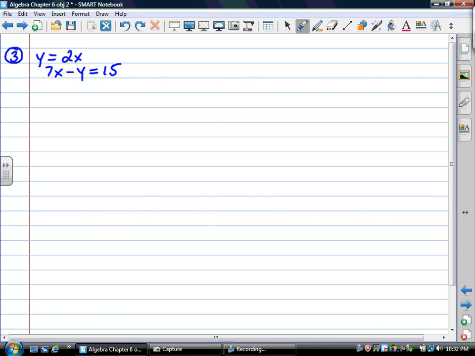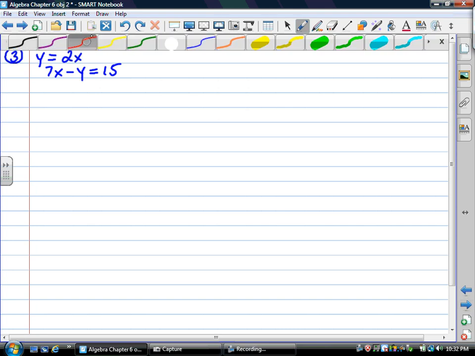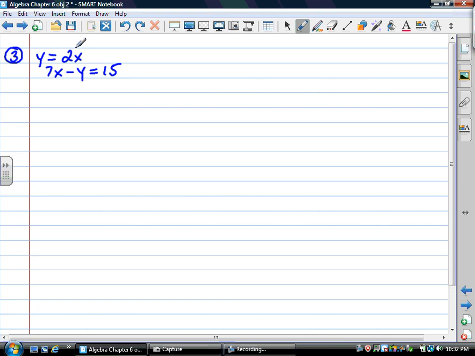Okay, let's pick up this problem. I see that y is the same as 2x, so I can replace this y with 2x. This equation becomes 7x minus, made a little mistake there.